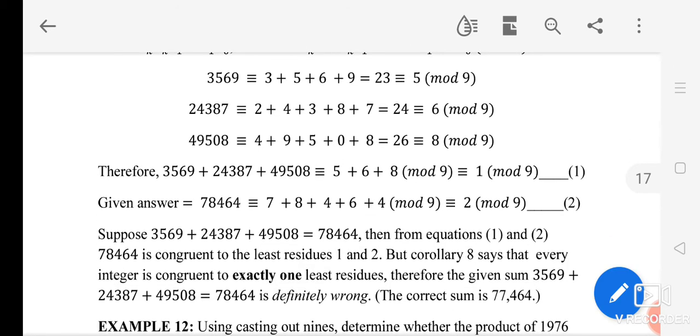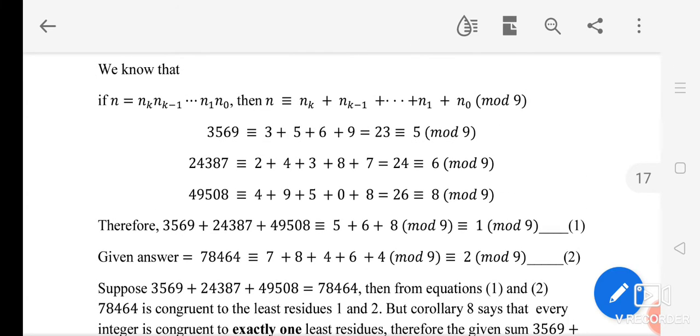So, equation 1. Next, the given sum of these three numbers is 78,464. Its sum of digits is 7 plus 8 plus 4 plus 6 plus 4, which is congruent to 2 modulo 9. So, equation 2.